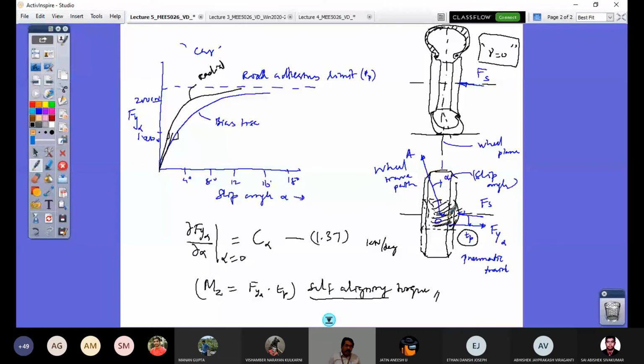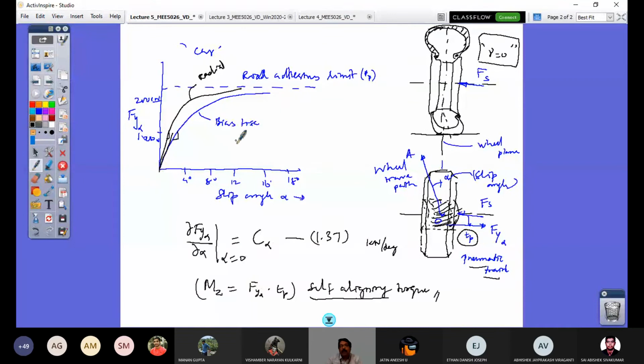Now, like we have looked at how the variation is, we will also look at the variation of self-aligning torque with the slip angle. Before that, let me also look at the influence of Fy alpha as a function of load.